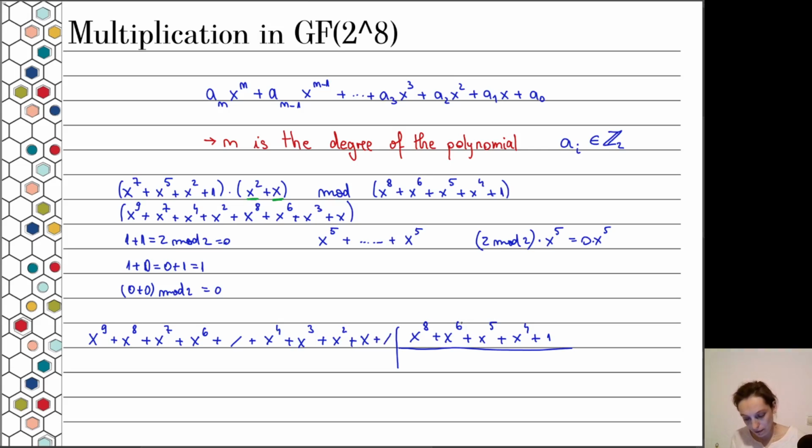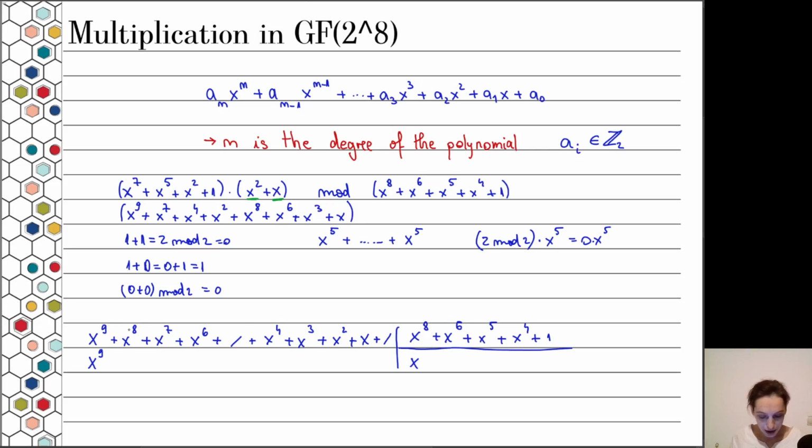So now what we have to do is to extract 8 from 9. 9 minus 8 is 1. So we will have to multiply this polynomial by x. So x powered by 1 times x powered by 8 is 8 plus 1 is 9. So we will have x powered by 9. So I will repeat again. We will look to the greatest power. In our case is 9 and 8.